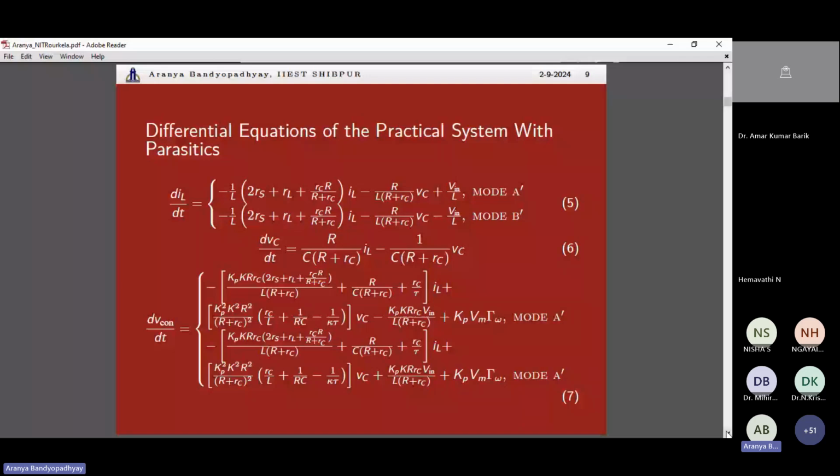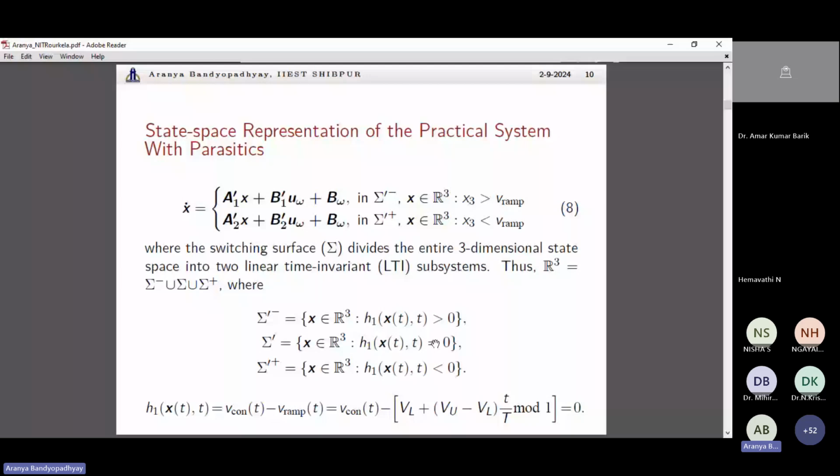The state space representation in this case is basically the same to some extent, because the system remains a third order system, as we can see, and H1 X P and T, this is the switching condition. This is nothing but the algebraic equation where Vcon equals Vramp. Okay.